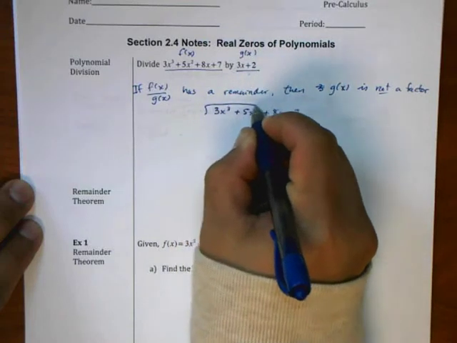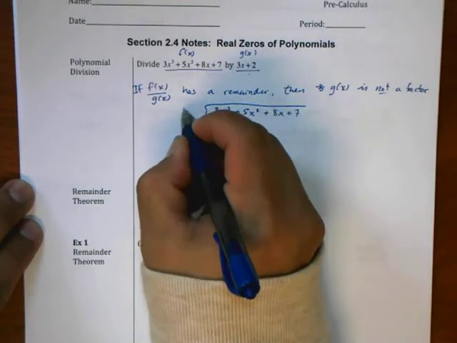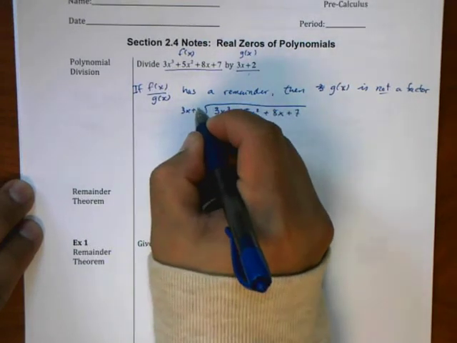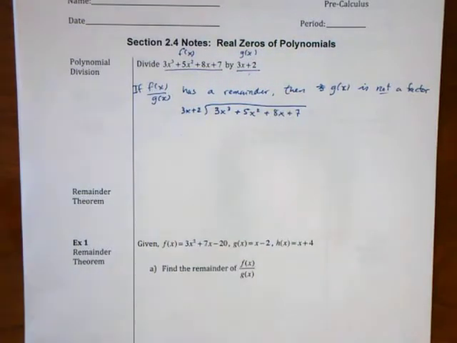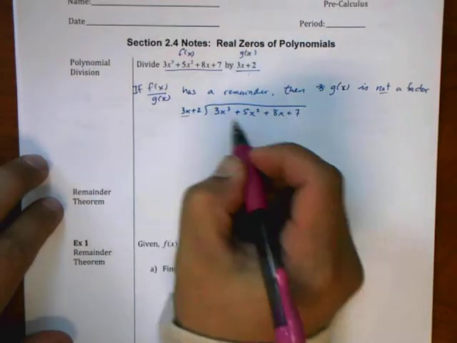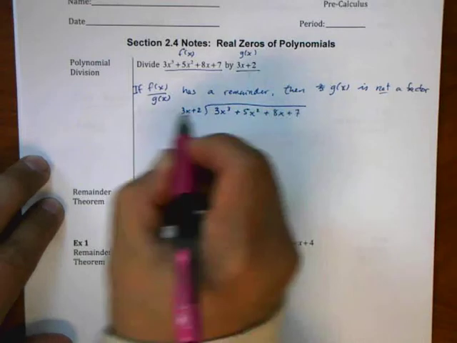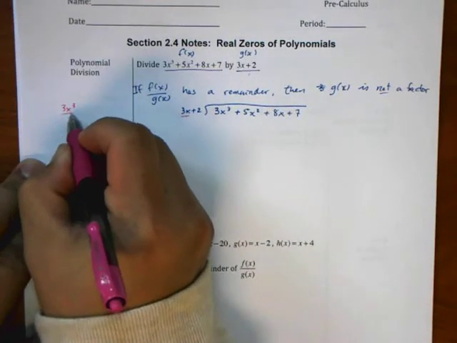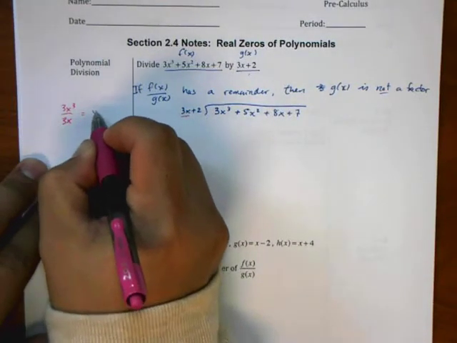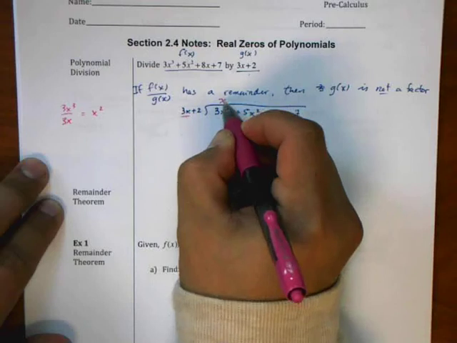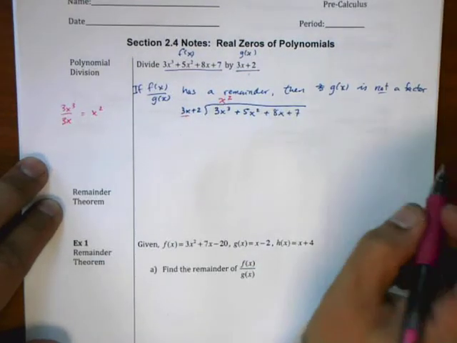So I'm going to write this here. I'm going to divide it, writing this division bar right here, by 3x plus 2. The first thing we're going to do is look at this leading term and see how many times 3x goes into 3x to the third. So 3x to the third over 3x equals x squared. So x squared goes here.